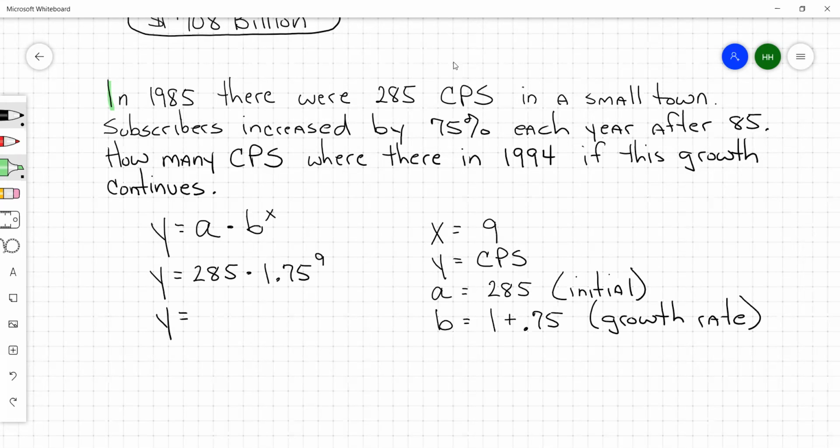All right, so here we go. 285 times 1.75 raised to the 9th power equals 43,871.99. So 43,872.